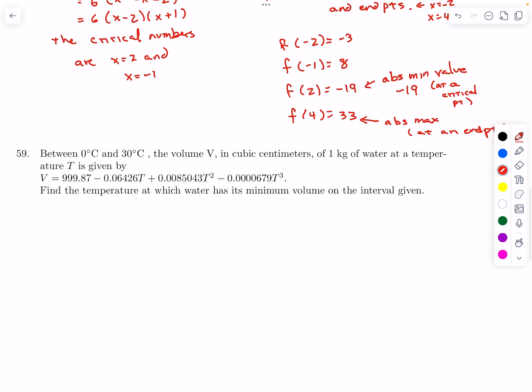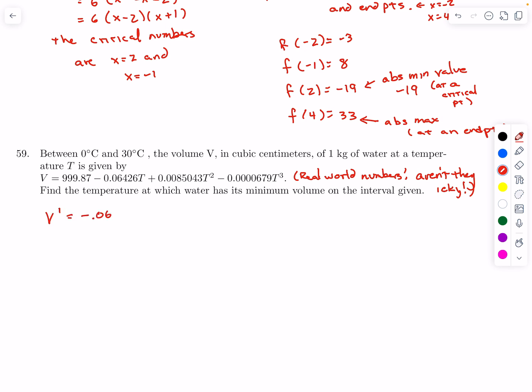All right, oh look. The volume in cubic centimeters, oh look. Real world numbers. Aren't they icky? Okay, take the derivative.